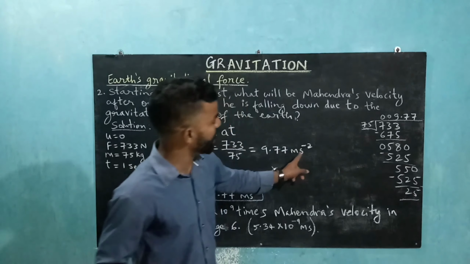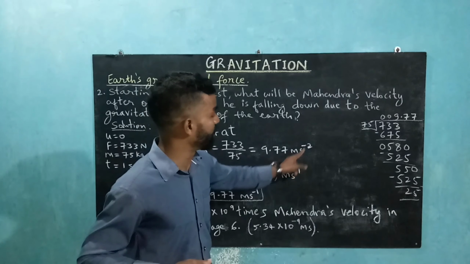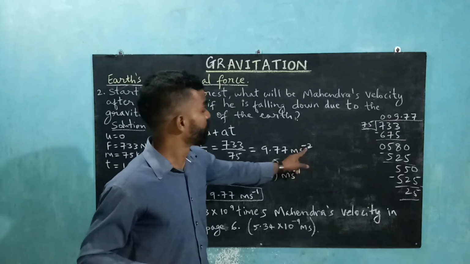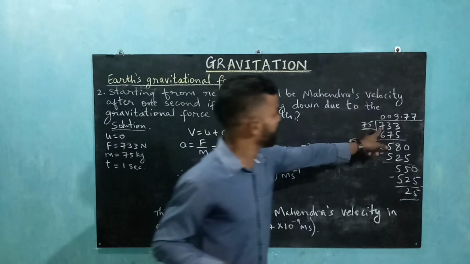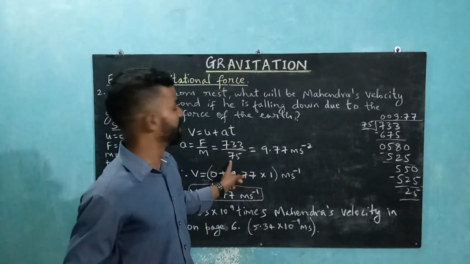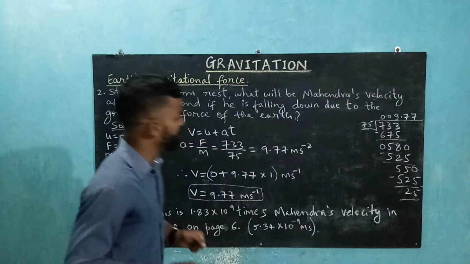Meter per second square I have written by taking the seconds into the numerator and changing the sign of the power, so meter second raised to negative 2. The division is shown here, 733 divided by 75, which gives 9.77 meter per second square.